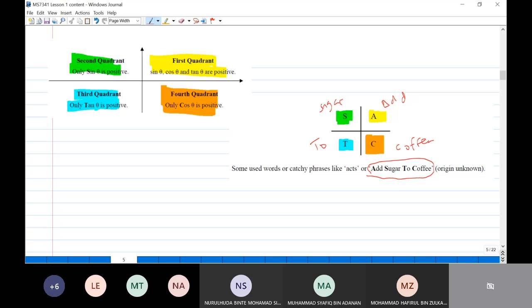So this is one way. Of course, there are other ways people remember this. I think this slide is helpful when you do the quiz.